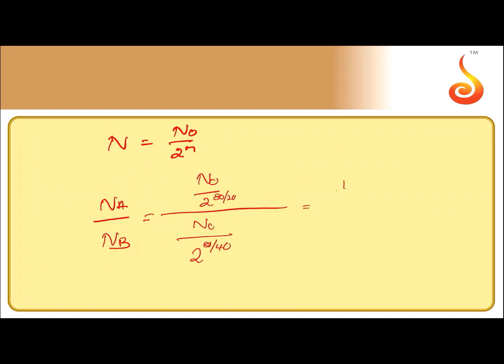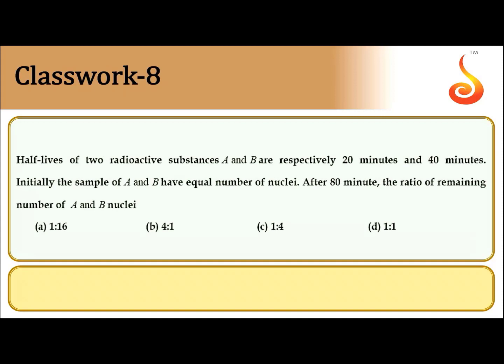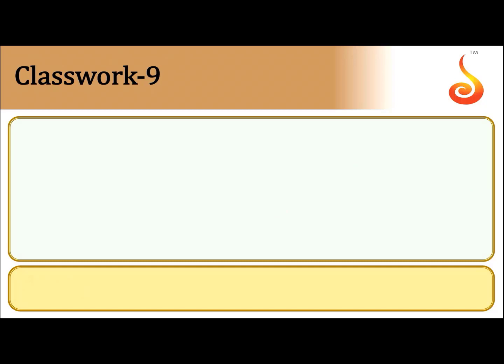That gives you 1 by 2 to the power of 4 divided by 1 by 2 to the power of 2, which is nothing but 1 divided by 4. So the answer is 1 divided by 4. The ratio of remaining number of nuclei of A and B is 1:4. C is the correct choice.